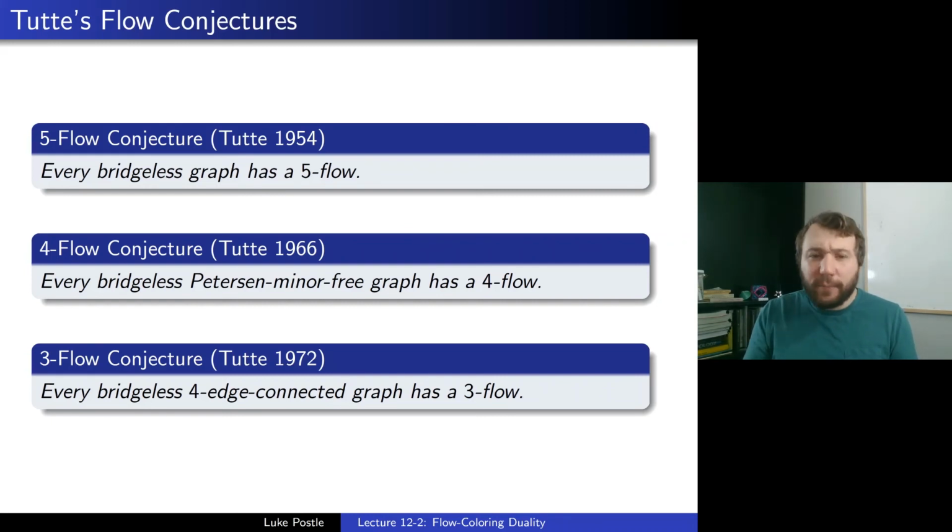Again, I don't need bridgeless there since we'd be 4-edge connected, but saying that every 4-edge connected graph has a 3-flow generalizes Grötzsch's theorem from planarity, at least in this flow version. And that would improve upon Jaeger's value. So let me just wrap up by telling you what's known about each of these conjectures.